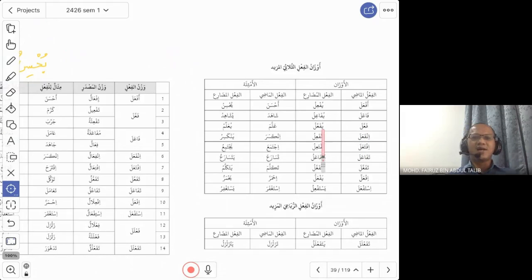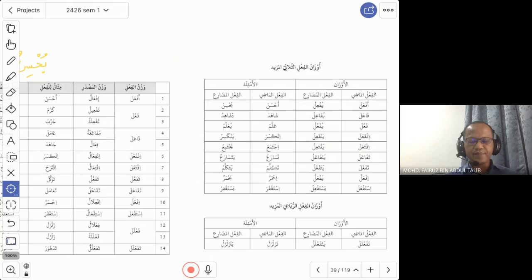Yufa'ilu. Fa'ala, yufa'ilu. So now you add the masdar. This is the masdar, taf'il. So again, fa'ala, yufa'ilu, you add yufa'ilu here, and then you have taf'il. So that is the masdar for the fi'il fa'ala.